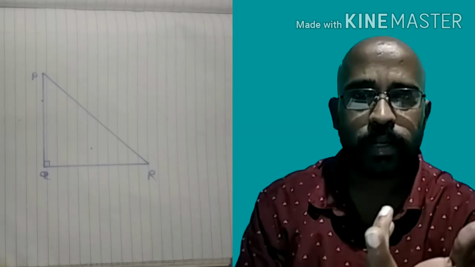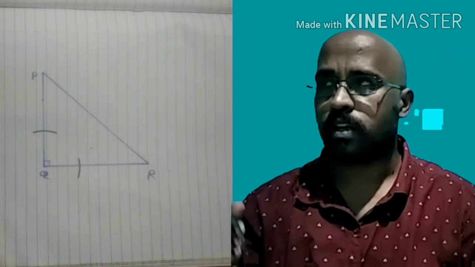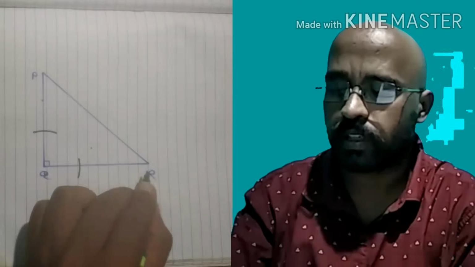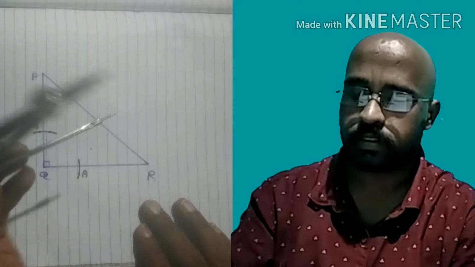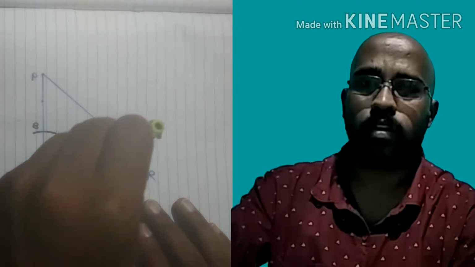Give any appropriate names to the intersection points of the arms and arcs. Suppose this is point A, this is point B. Now from these two points we have to draw two arcs. Let's increase the distance such that the projected arc will go out of the triangle. Okay students, I will increase this much distance. Now from point A I will draw one arc.